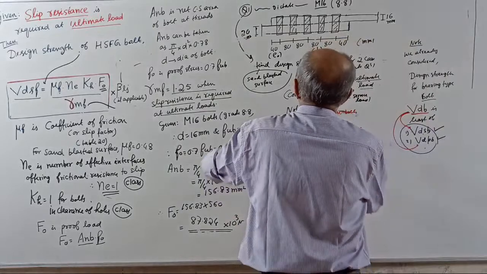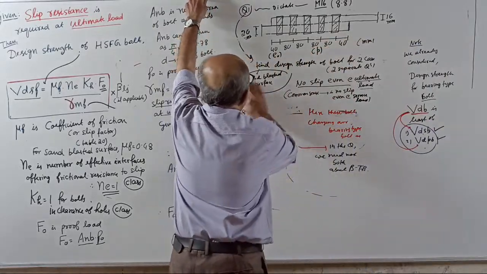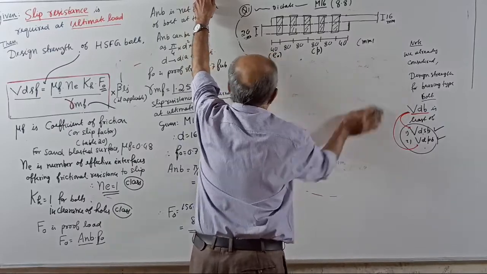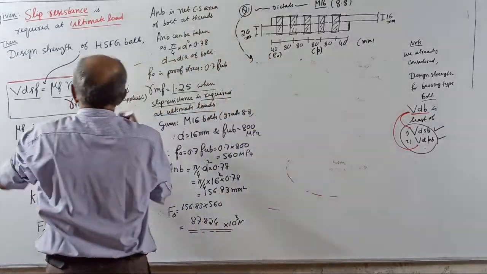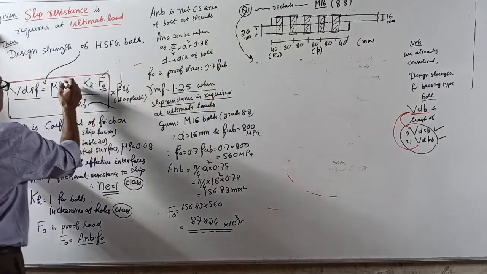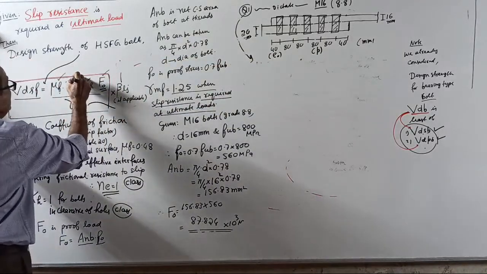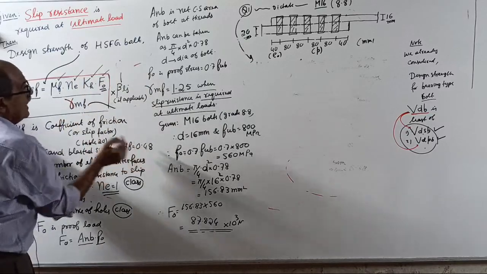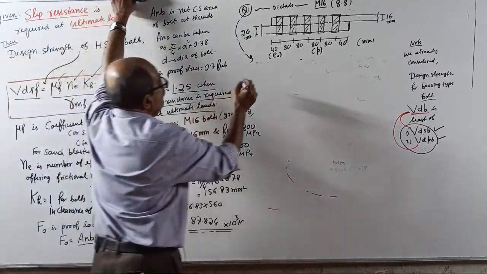After that one, I am removing all this. Now F0 is clear, mu f is clear, NE is clear, KH is clear, gamma mf is clear, 1.25.